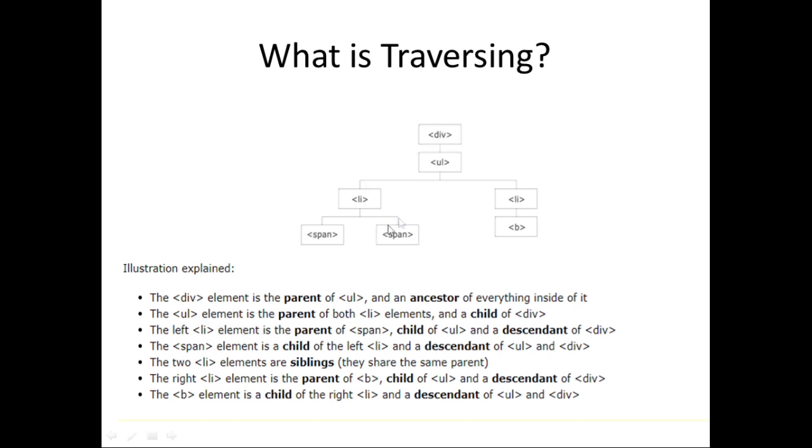The UL element is the parent of both LI. So UL has two children here. And UL is also a child of div. The LI element, this LI, is the parent of span.